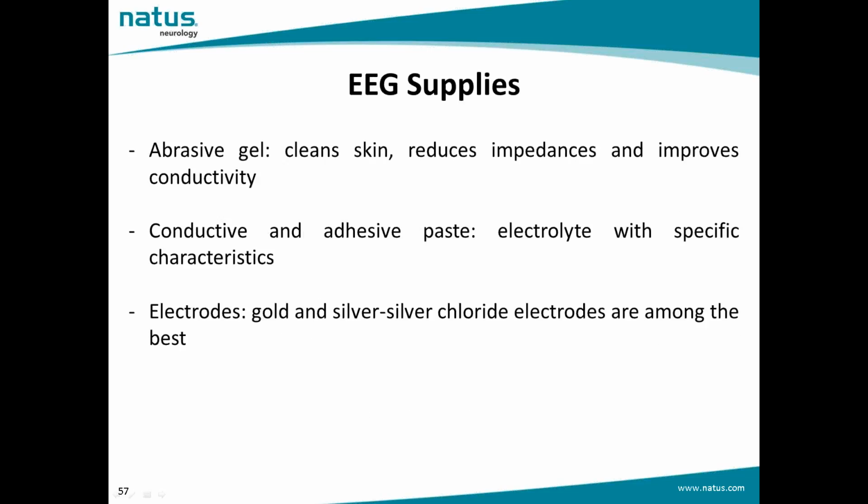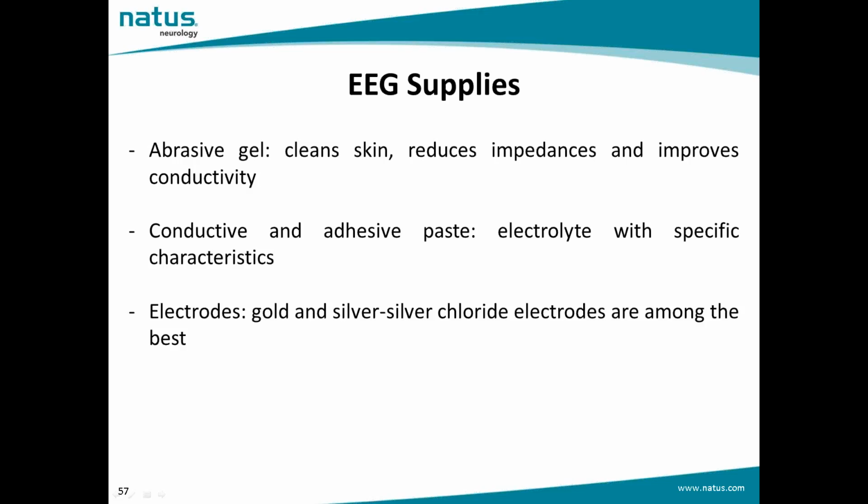For sure, another important aspect that plays a fundamental role in the quality of the EEG recordings is represented by the EEG supplies. The abrasive gel is used for cleaning the skin in order to reach low values of impedances between skin and electrodes.